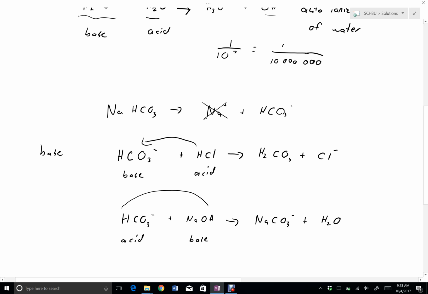And so here it donated its proton to the hydroxide, creating water. So here it acted as the base, accepting the proton, and here it acted as the acid, donating the proton. Clearly, these reactions can get a little complicated, and they're very dependent on the situation. Sodium bicarbonate would behave normally as a base in neutral water, but it can behave as an acid or a base depending on the situation.